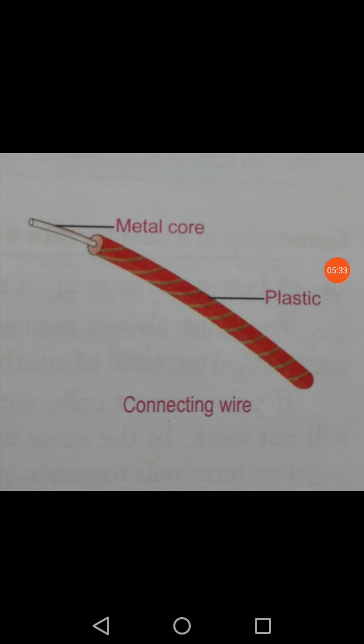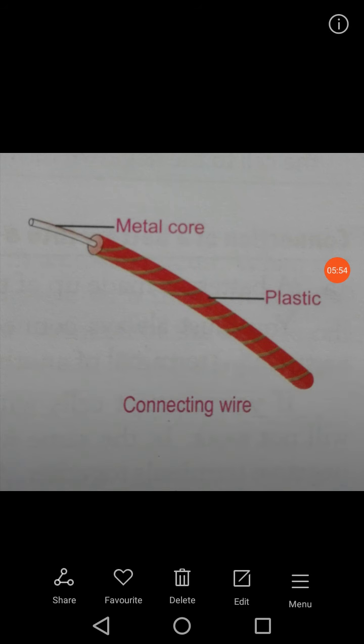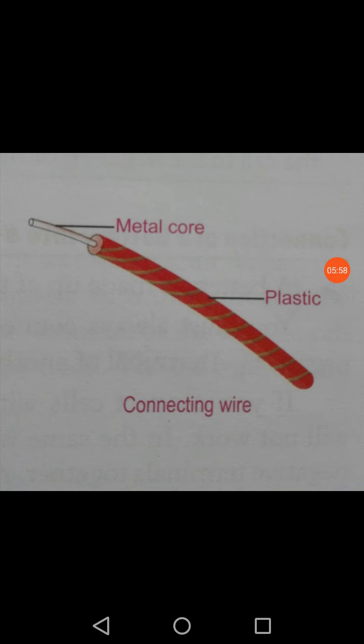A connecting wire has a metal core for the conduction of electric current. As metal is a good conductor of electricity, a metal core is used for current. The plastic cover on the metal core is for the protection from the current of the persons who are using the metal wire and bulb.